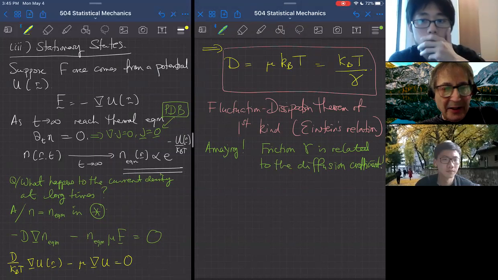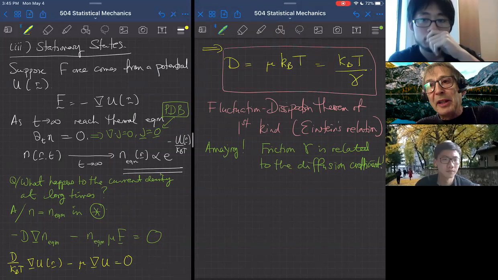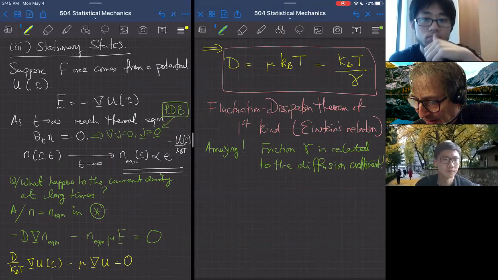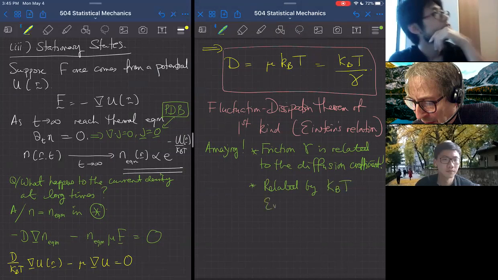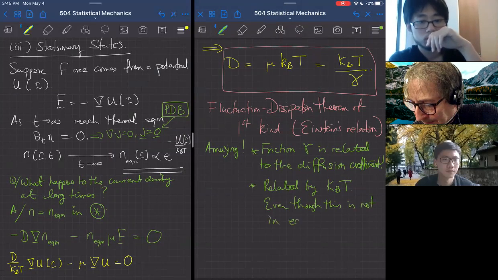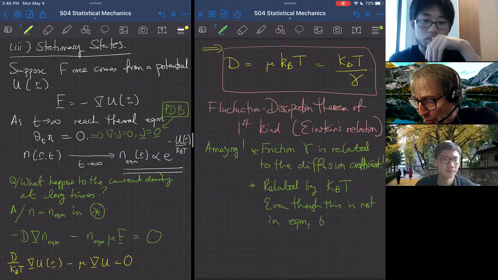Because you would think that the friction would be some arbitrary material parameter, the diffusion would be some arbitrary parameter, but in fact they turn out to be related, and they're related by temperature. So even though this is not in equilibrium, well, it is in equilibrium eventually. It's not in equilibrium, but it's approaching equilibrium.